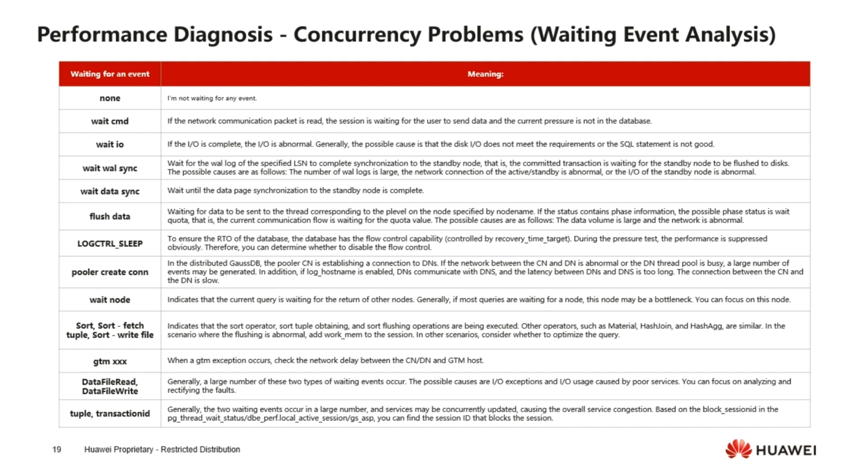Flash data is the transmission event through the network. And the log control sleep is a special one. It's due to flow control. In a primary and standby deployment, you have data from the primary database replicated to the standby. Sometimes, due to networks or execution efficiency, your standby instance might fail to catch up with the newest data on the primary.